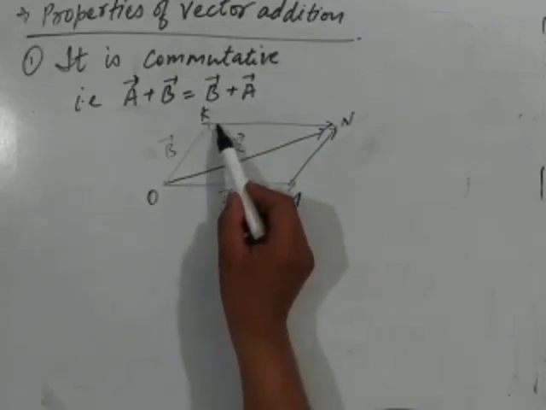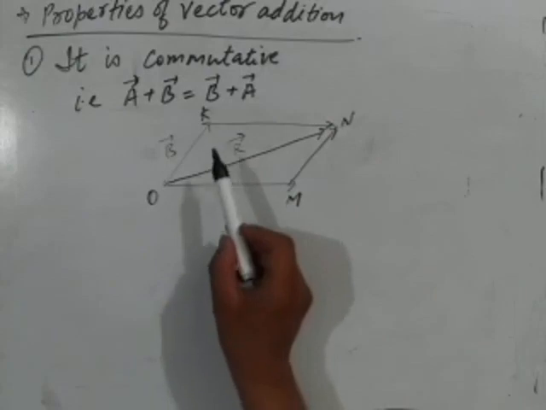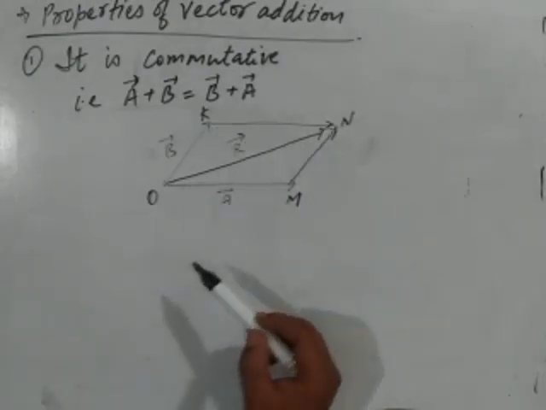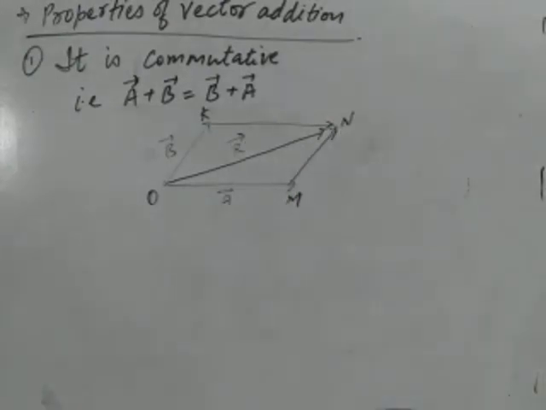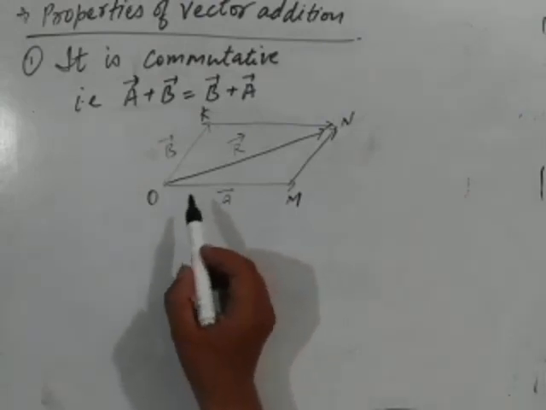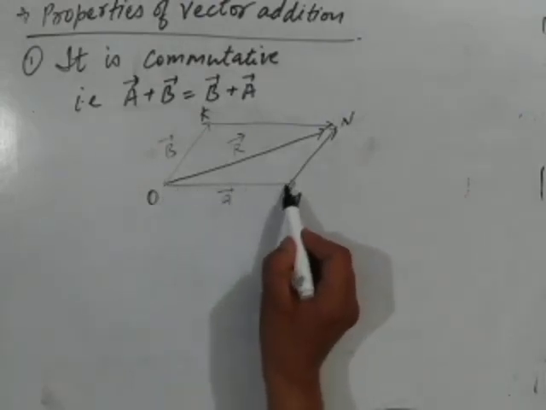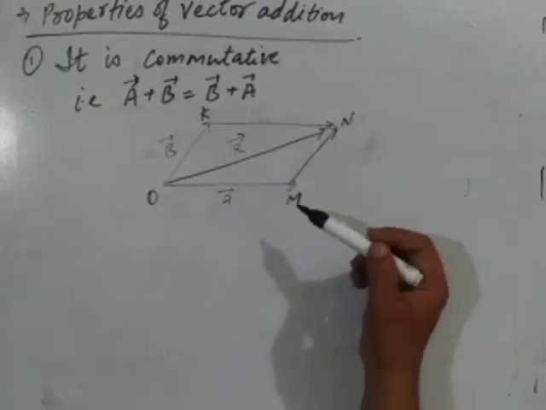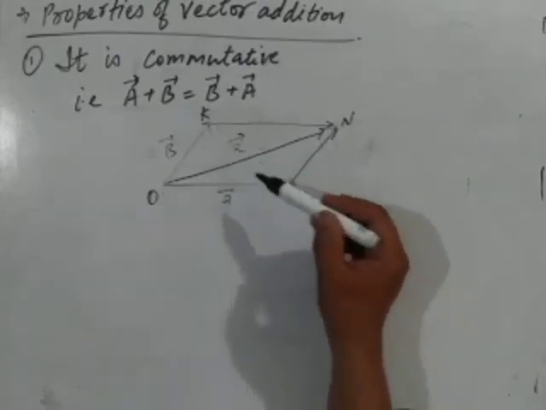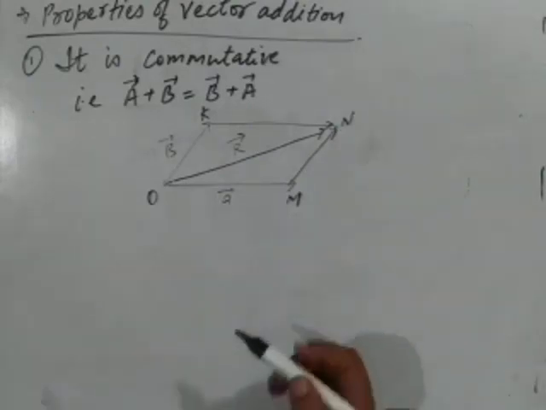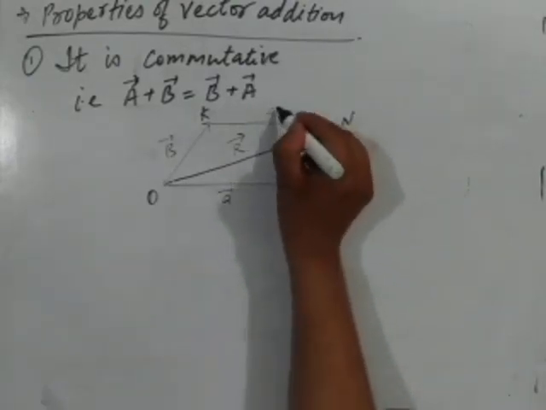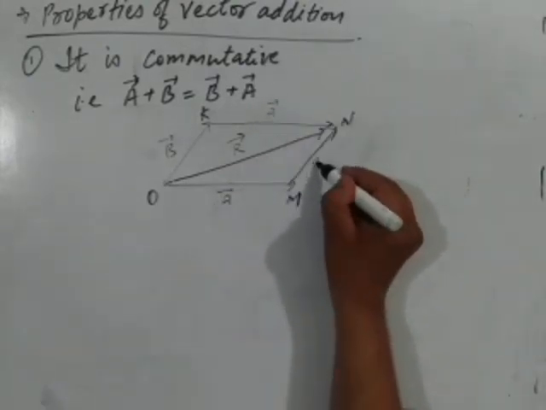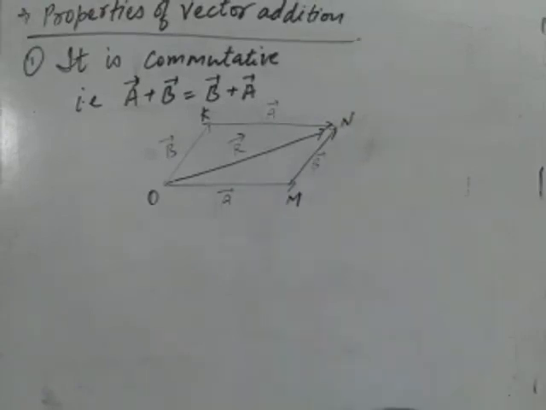So we will complete the parallelogram by joining KN and MN. Clearly OM becomes equal to KN. Similarly OK becomes equal to MN. So we can write this as A and this as B.